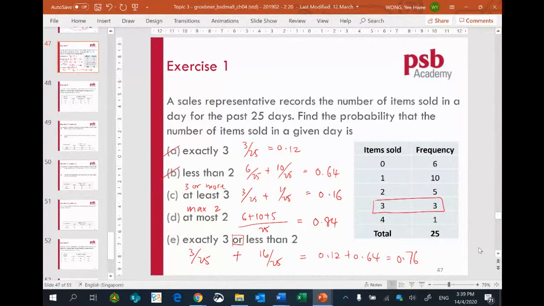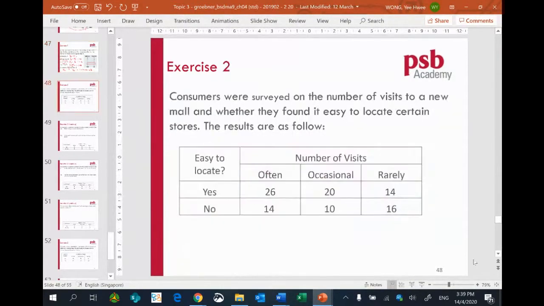Now I'm going to go to exercise 2. In exercise 2, we have 2 items here. One side is whether it's easy to locate or not, and this side is the number of visits to the mall: often, occasional, rarely.